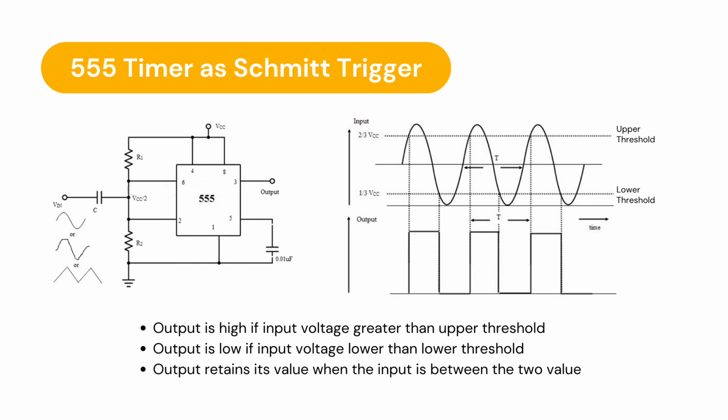If it is high, then the output will be high, and if it is low, then the output will be low. The usage of the two threshold values is called hysteresis, and the Schmitt trigger will act as a memory element.